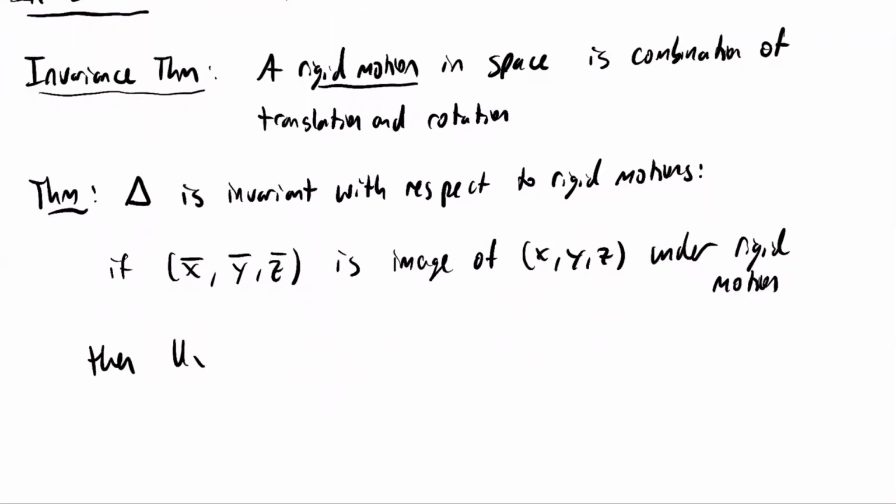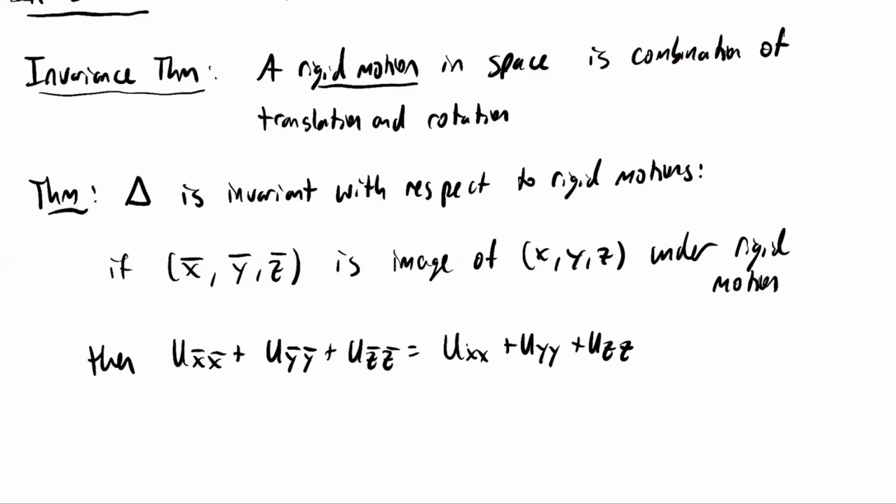So u x bar x bar plus u y bar y bar plus u z bar z bar, which is the Laplacian in the new coordinates, is equal to the standard Laplacian. Right. And so the proof of this theorem is very similar to the argument given in 2 dimensions.